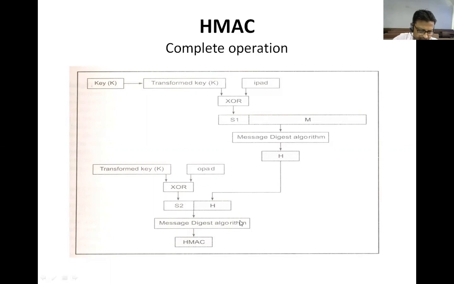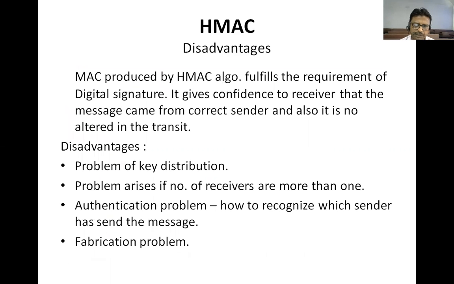But besides having a simple algorithm and calculating the MAC in the form of an HMAC, this HMAC has a little bit of a problem, that is, disadvantages. Of course, the MAC produced by the HMAC algorithm fulfills the requirement, but it is a little bit problematic. The first problem associated with HMAC is the problem associated with symmetric cryptography.